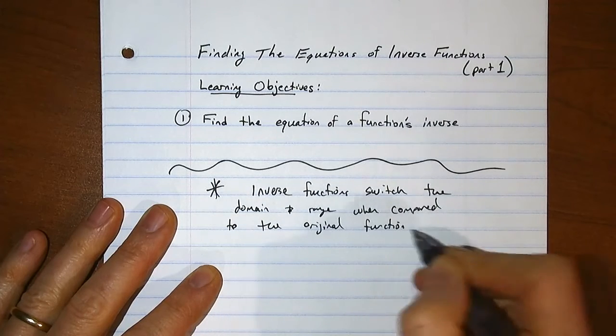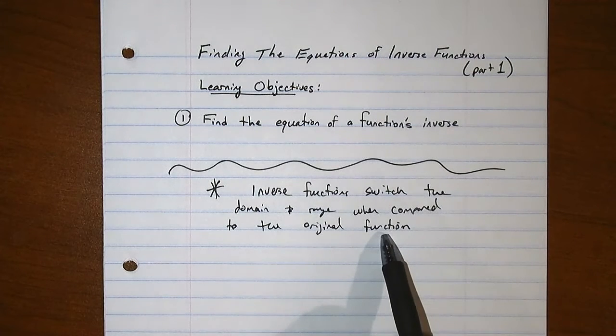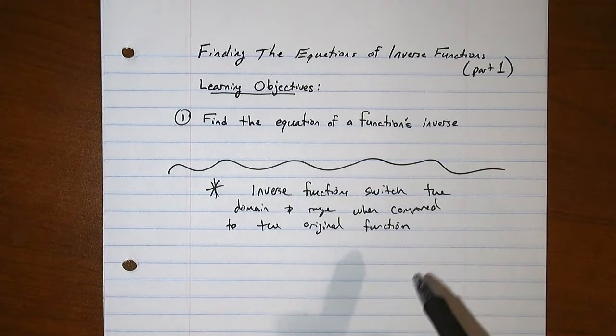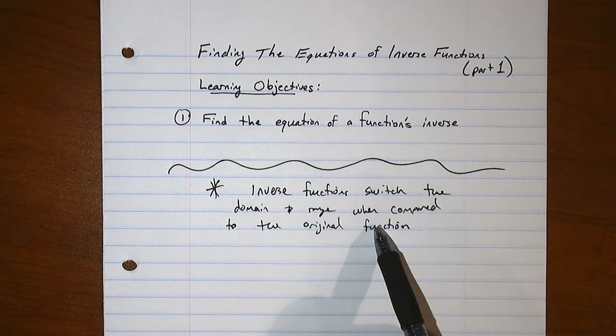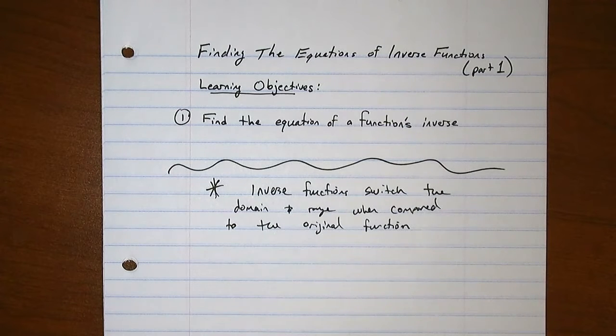And in other words, and maybe if you want to jot a little note in the margin to clarify that statement, whatever the domain is of the original function, that will be the inverse's range. And whatever the range is of the original function, that will be the inverse's domain. So the domain and the range literally switch.